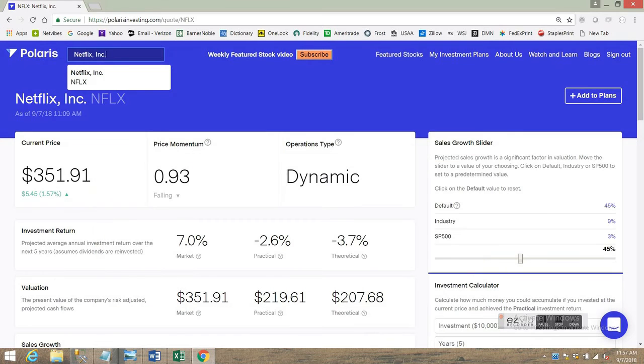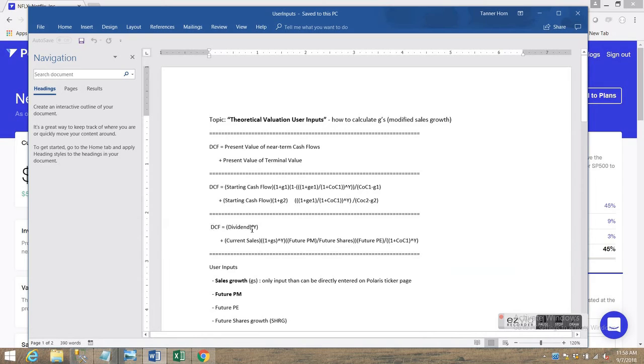All right, so we're looking at Netflix, and let's say you think the sales growth of 45% is appropriate, but you think it's going to go on for more than just 5 years, so you want to extend out to 7 years. Well, let's go look at the formula that's used by Polaris.